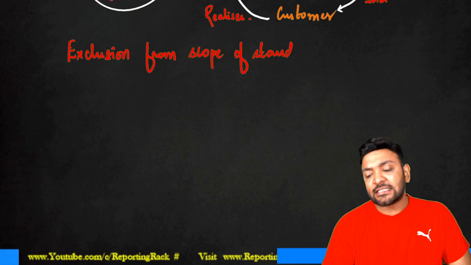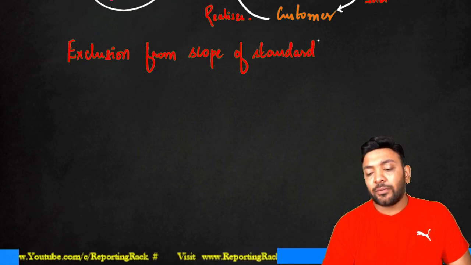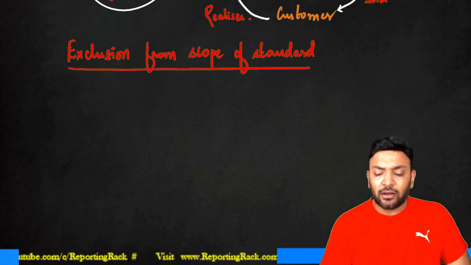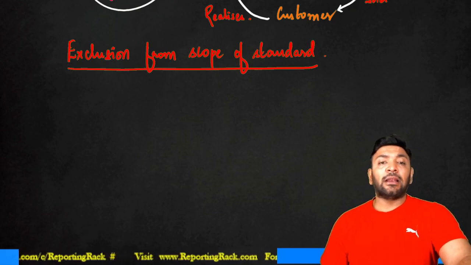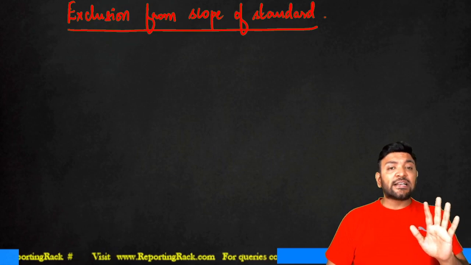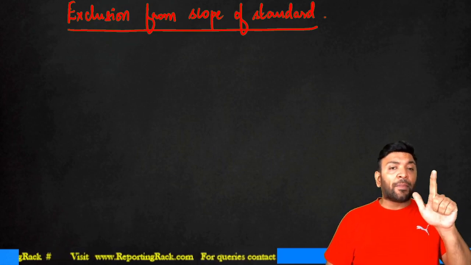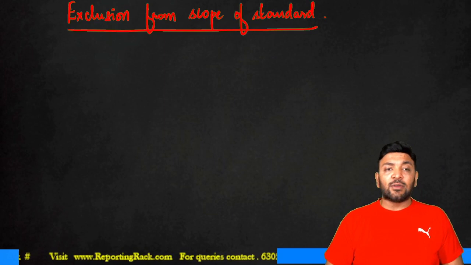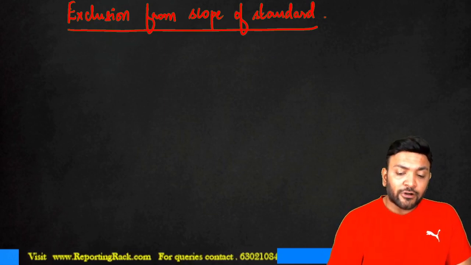They are non-current assets, but they are not covered under this standard. They primarily cannot be classified as held for sale. What you can classify as held for sale is only property, plant and equipment, investment property and intangible assets.